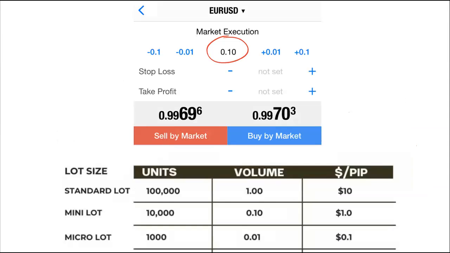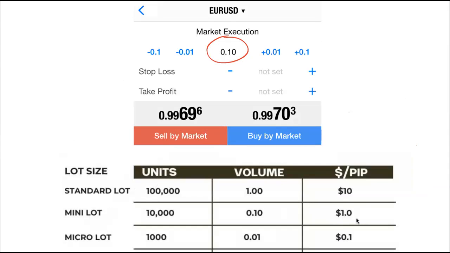So right here, we talked about previously in the lesson before about a standard lot, a mini lot, and a micro lot. So when you are entering your trades on MetaTrader 4, this is what it's going to look like. So you'll see here, I have entered a 0.10, which equates to a mini lot.